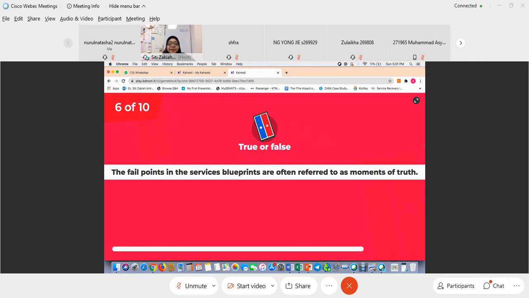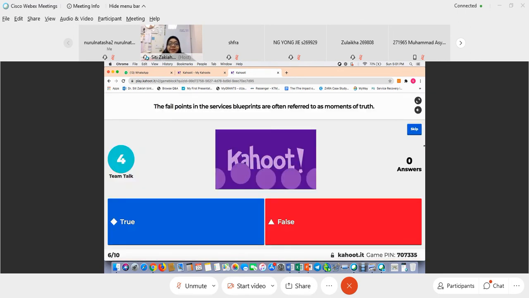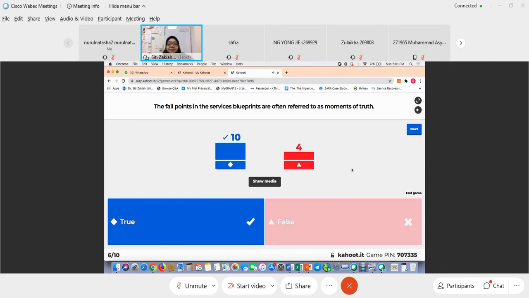The fail points in the service blueprint are often referred to as moments of truth. True or false? Yes, the answer is true, right?